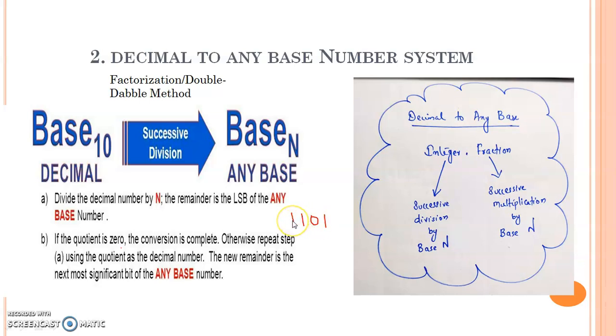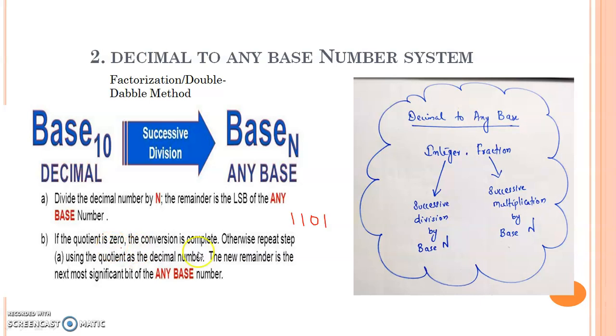That is this bit, because it has the weight 2 raised to 3. Or in other words, the bit which occupies the leftmost portion is called the MSB and the rightmost portion is called the LSB. And this successive division has to be continued until you get the quotient as 0.